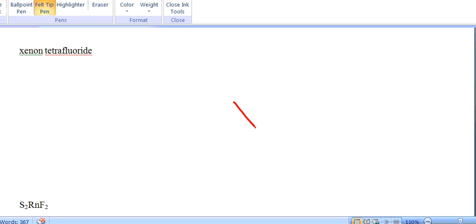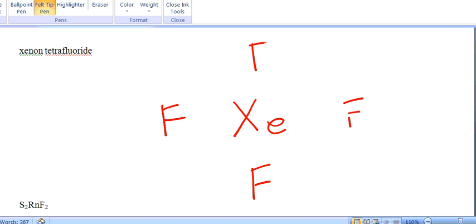So xenon goes in the middle. Each fluorine goes around. And since fluorine is a group 7A element, we will give it a single bond. And then the 8 electrons around it.